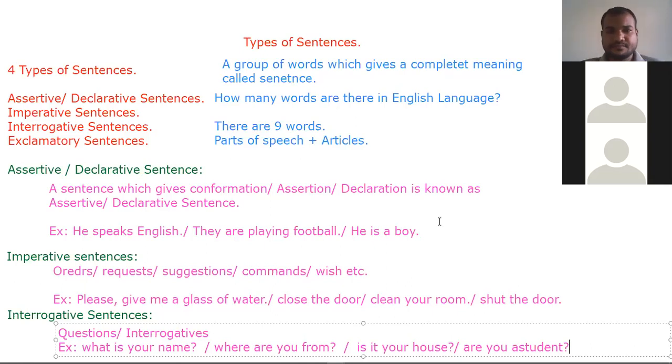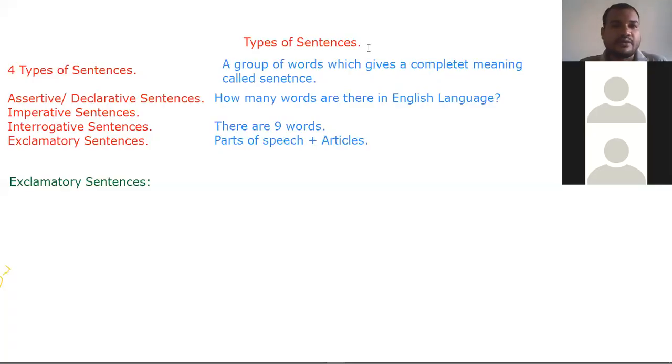Right. What is the next one? Exclamatory sentences, correct? Now tell me what is meant by exclamatory sentences? Strong feelings or emotions.